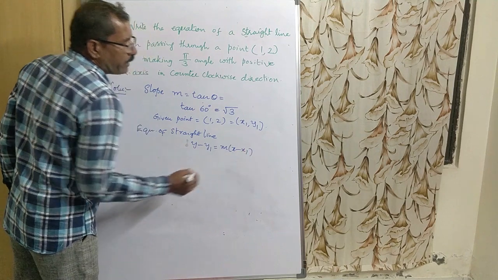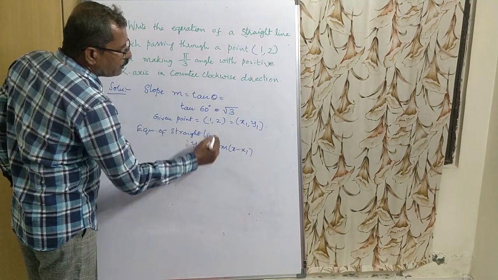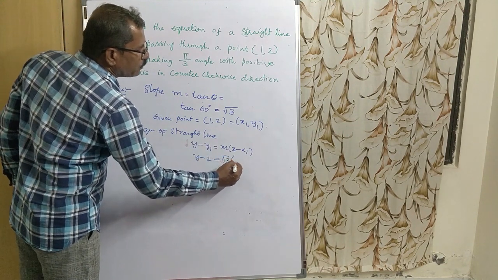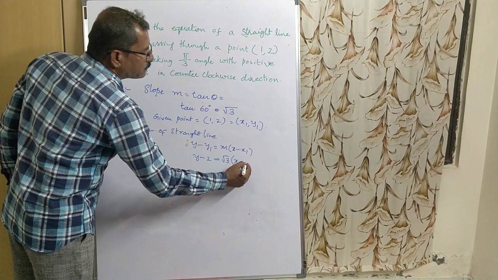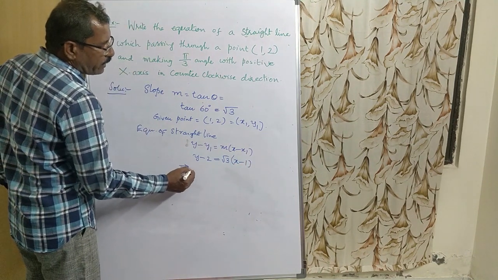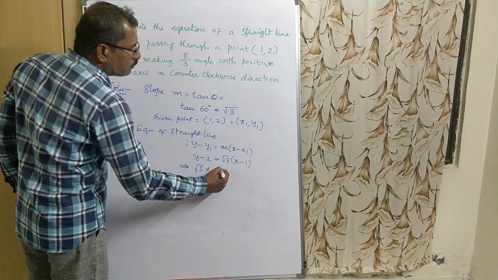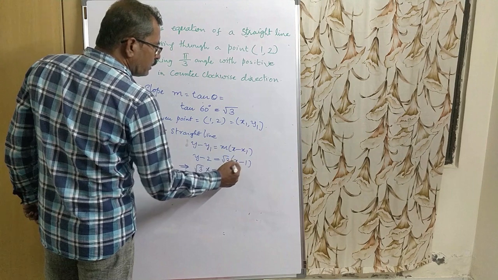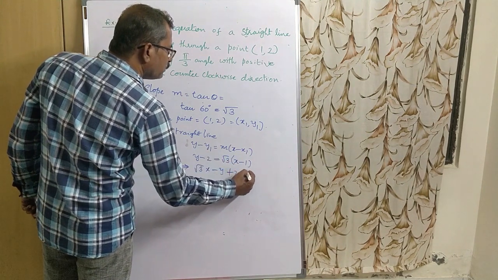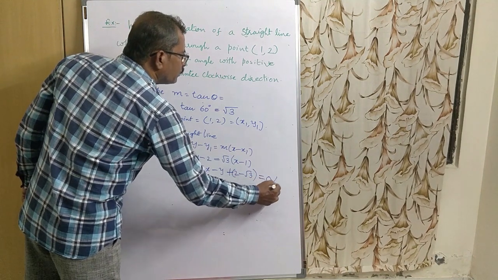So this is y minus y1, which is 2, is equal to, my slope is root 3, into x minus x1, which is 1. Okay, this you can write as root 3 into x minus y, and this one is minus root 3, this one plus 2 minus root 3 is equal to 0. We understand this?